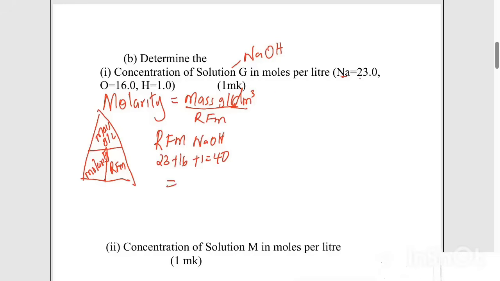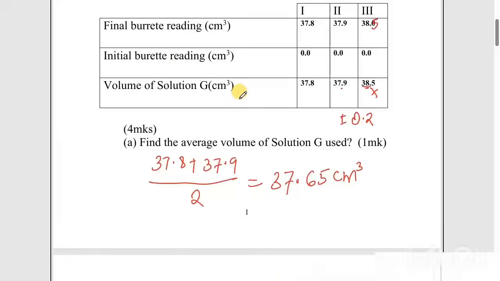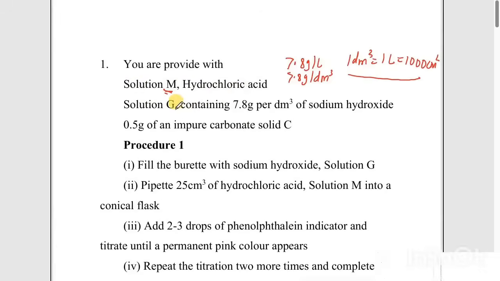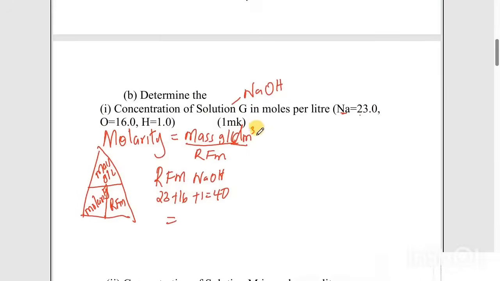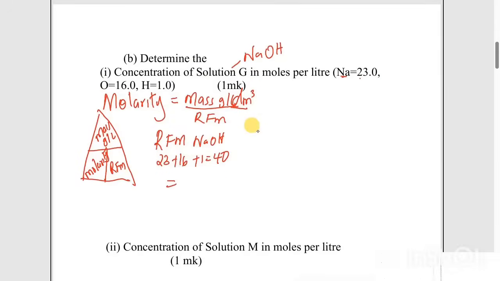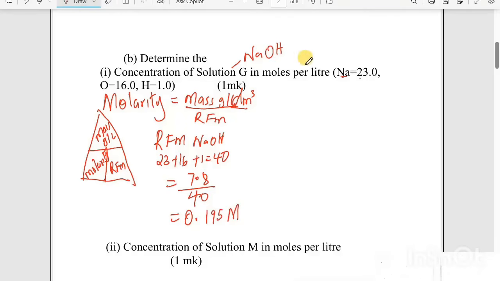The mass in grams per liter we were given of solution G, so you refer back to solution G, 7.8 grams per dm cube. So you come here and write 7.8 divided by 40. You use your calculator, you get the answer as 0.195. Capital M stands for molarity.